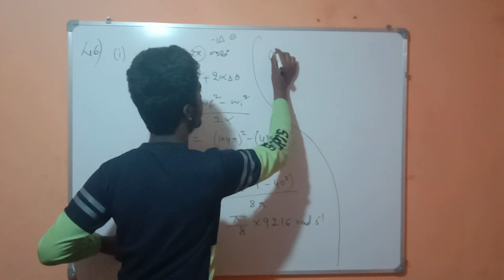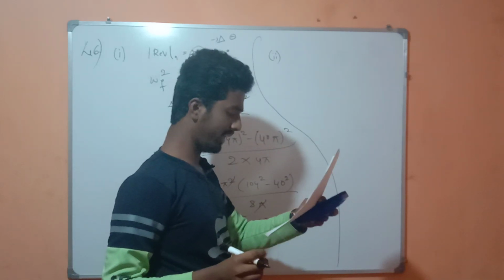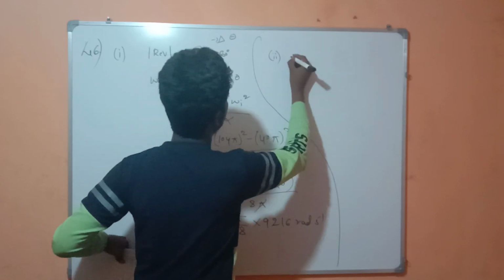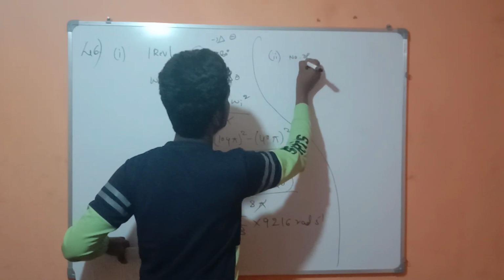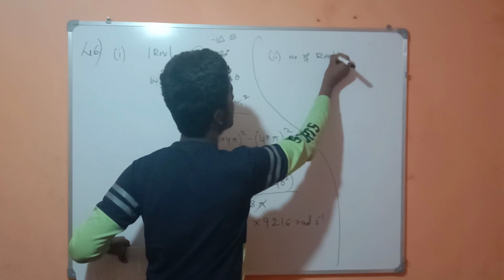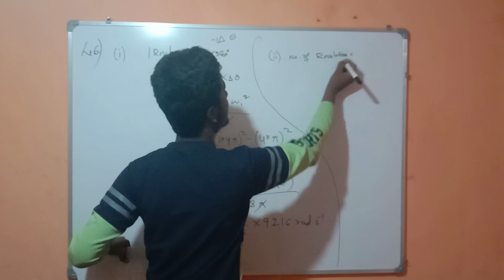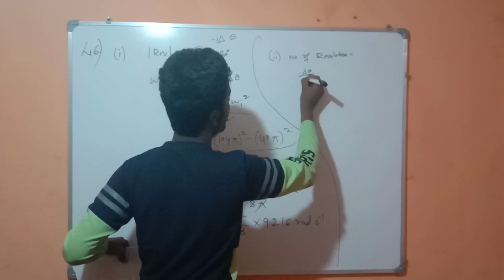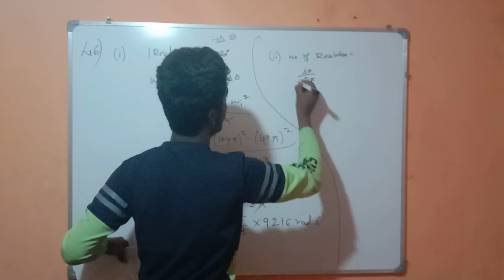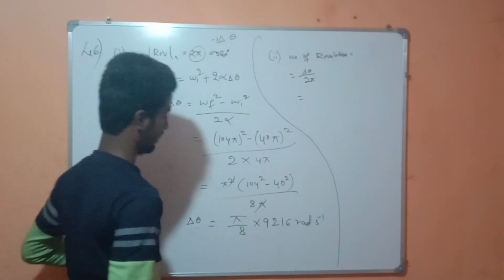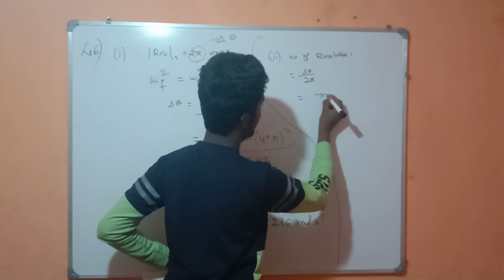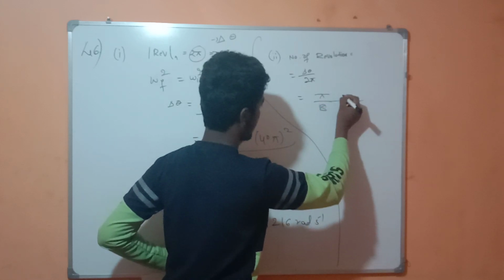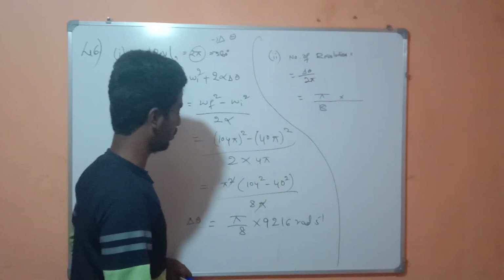Second one, they have asked how many revolutions the engine makes. The number of revolutions is equal to delta theta divided by 2 pi. You all know that. What is the value of delta theta? We have got pi divided by 8 into 9216.